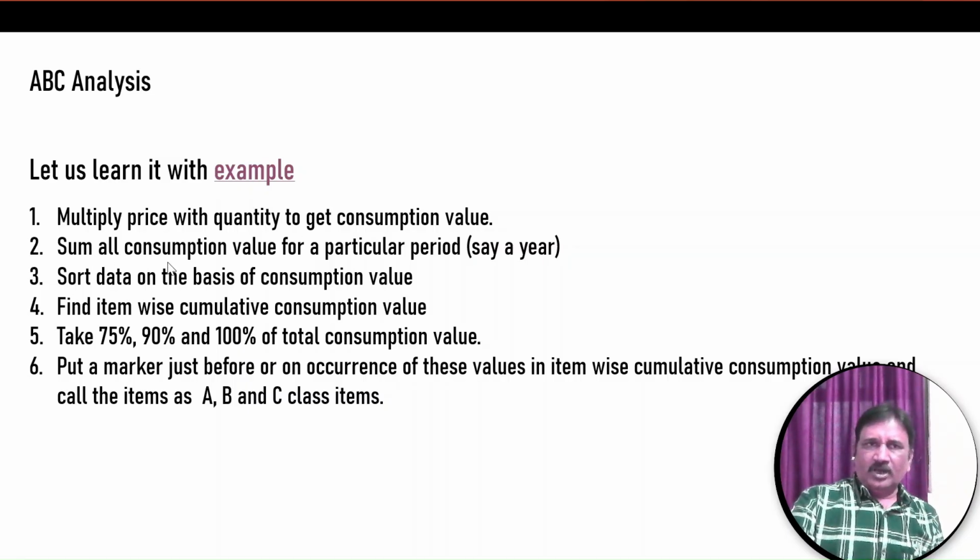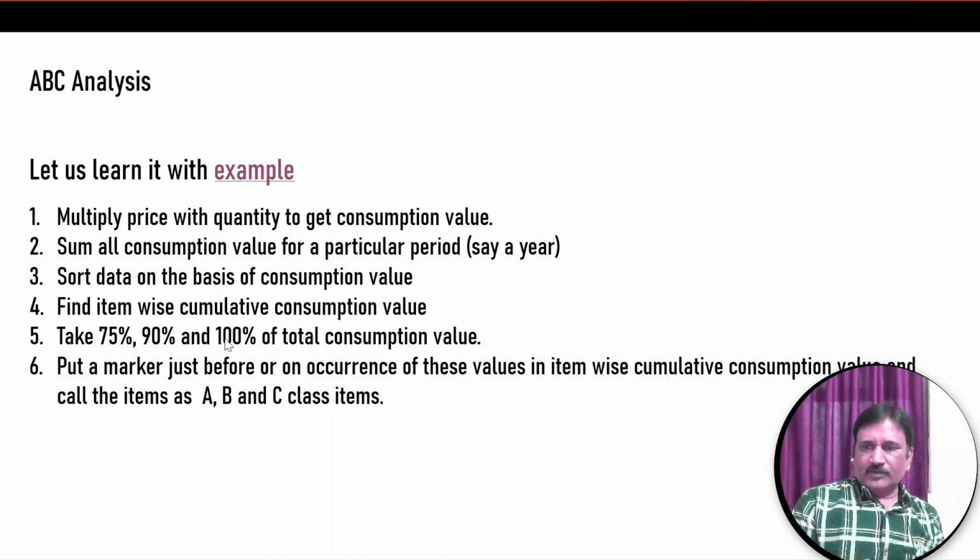Sum all consumption values for a particular period, say a year. Sort the data on the basis of consumption value. Find the item wise cumulative consumption value. Then take 75%, 90%. Why 90? Because 75 plus 15 makes it 90, and then 90 plus 10 makes it 100.